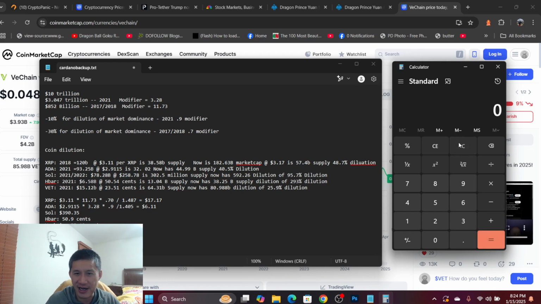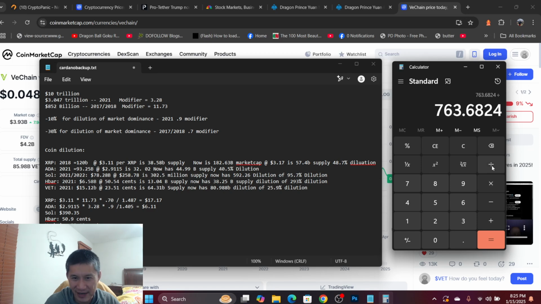So for Solana and HBAR, it's not going to be glorious because the dilution rate for the coin itself is going to be so high. So you take the maximum value back in 2021, which is $258.78. You multiply it by 3.28, and then you multiply it by 0.9, which is the overall market dilution factor.